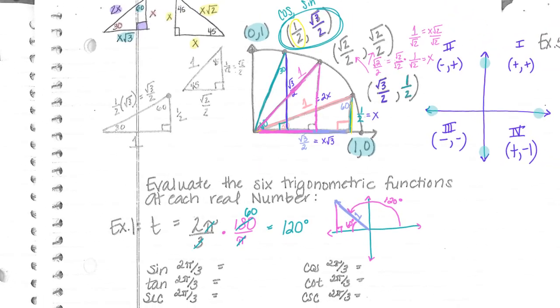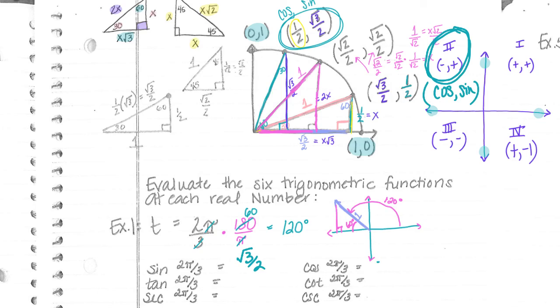I'll go ahead and show all this so you can see. So sine was root 3 over 2. Oh, wait. Location, location, location. That brought us to quadrant 2. So I know that at cosine, sine, one of them had to be negative.